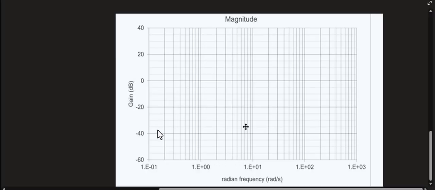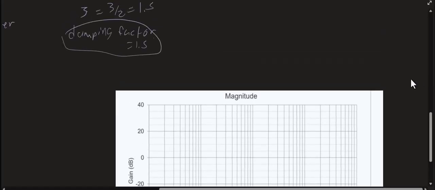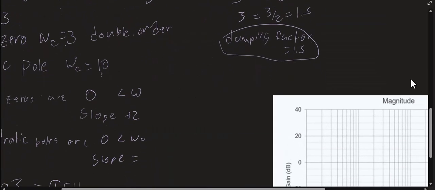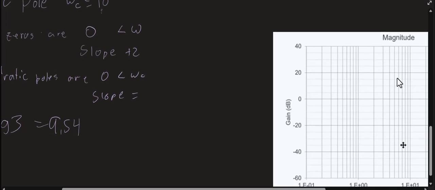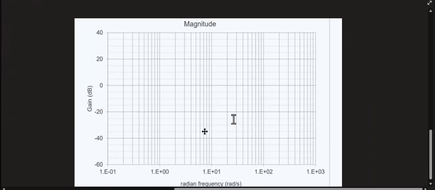Our constant term gave us 9.54. So we go to 9.54 and put a horizontal line.